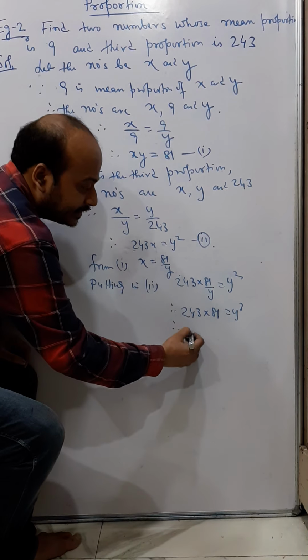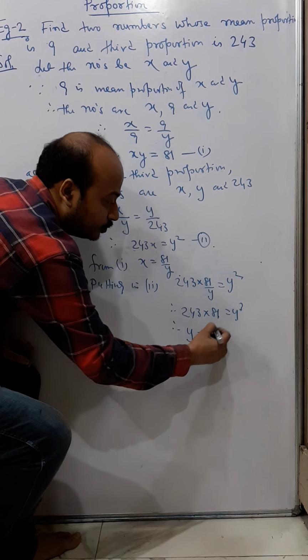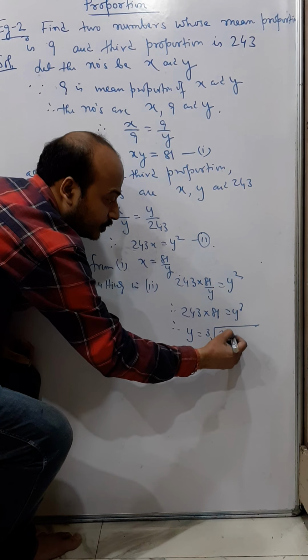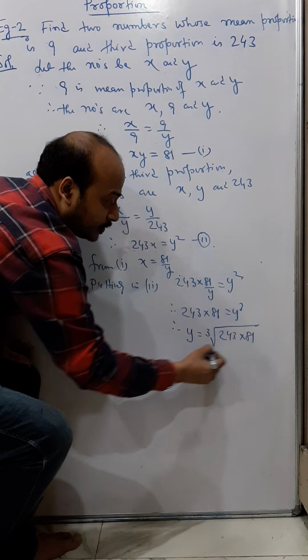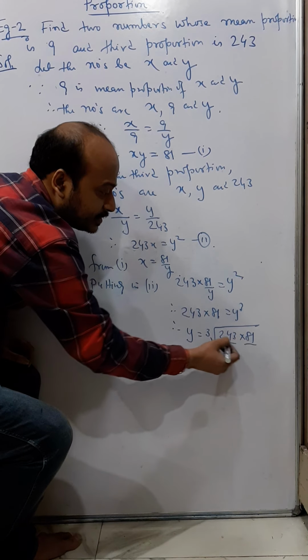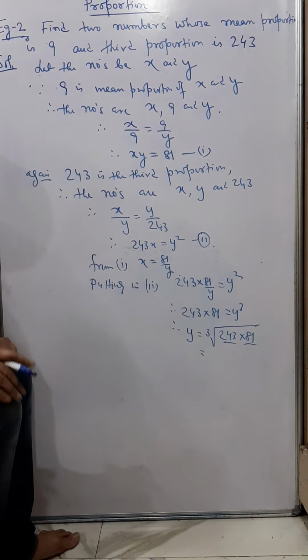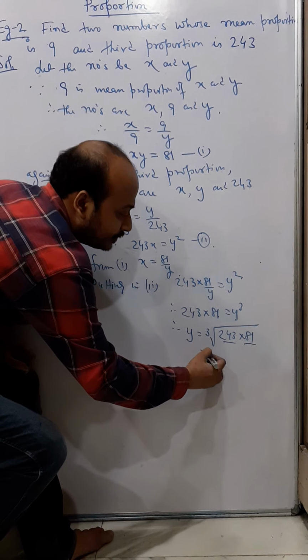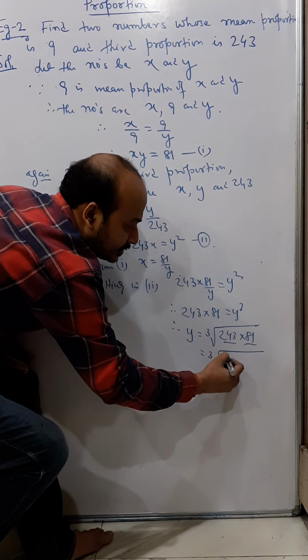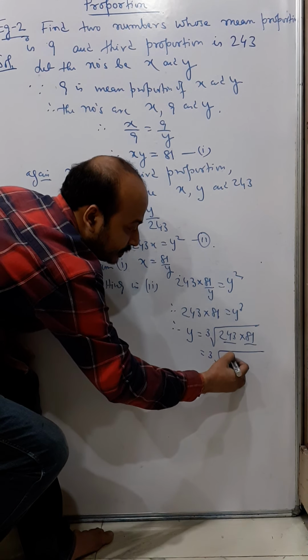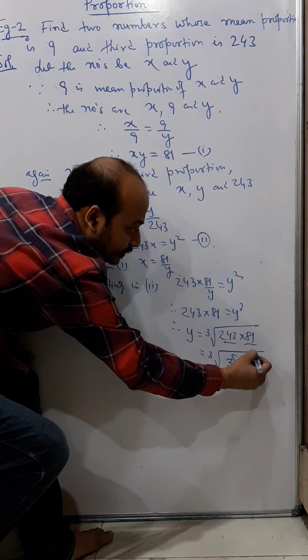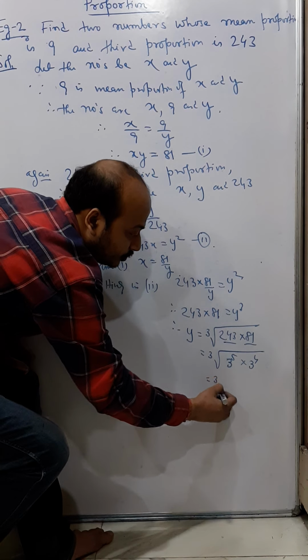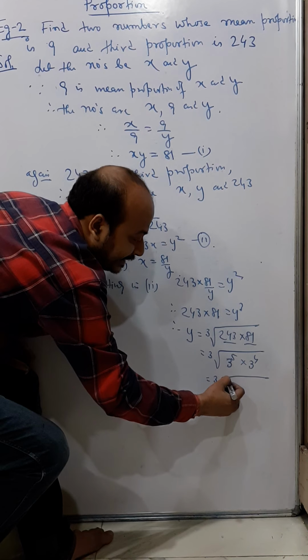So therefore we can say that y equals cube root of 243 into 81, and now we can break this in simplest form by prime factors method. What we get? We get 243 means 3 to the power 5 and 81 is 3 to the power 4. So we get cube root of 3 to the power 9.